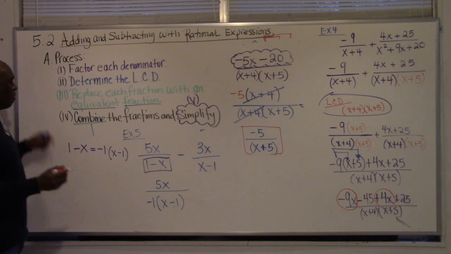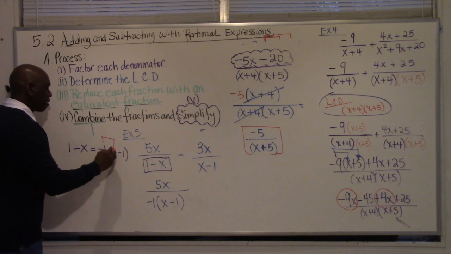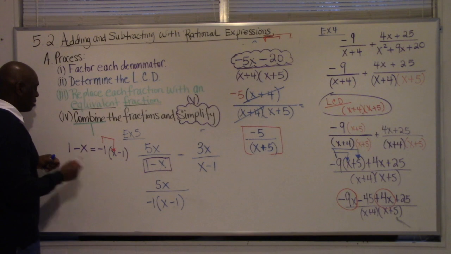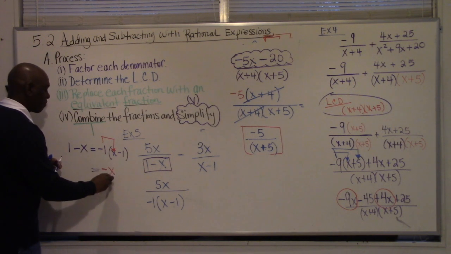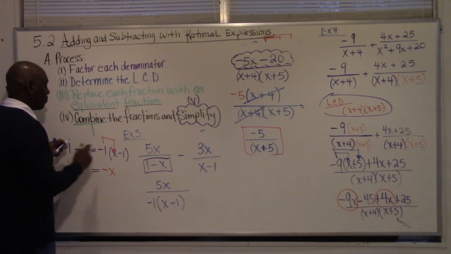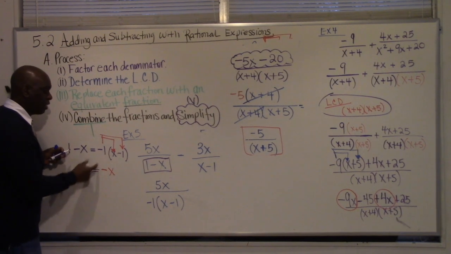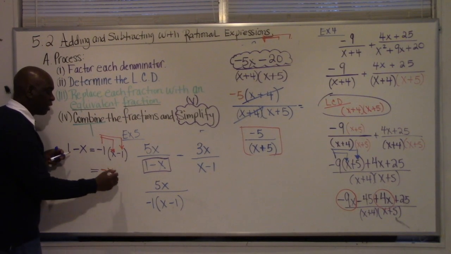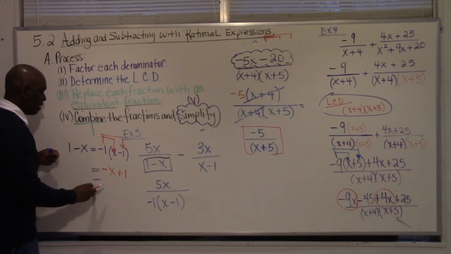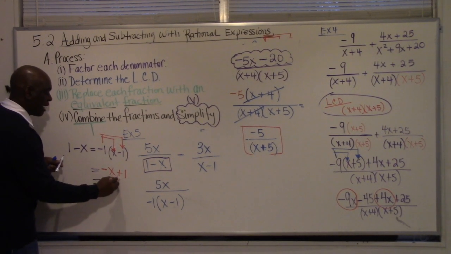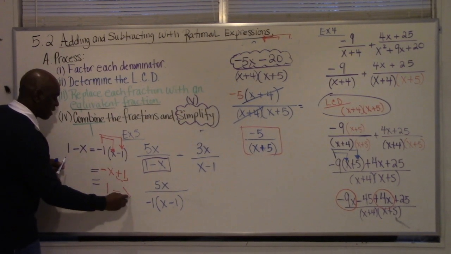How do you know that? Because if I take negative 1 and multiply it times x, that gives me negative x, and then take this negative 1 and multiply it by a positive 1. A negative times a negative is a what? Positive. And this is the same thing as writing the positive 1 first, and then the negative x second.